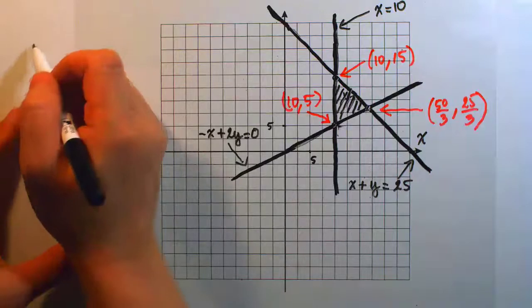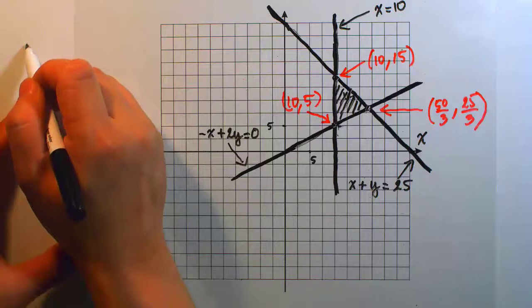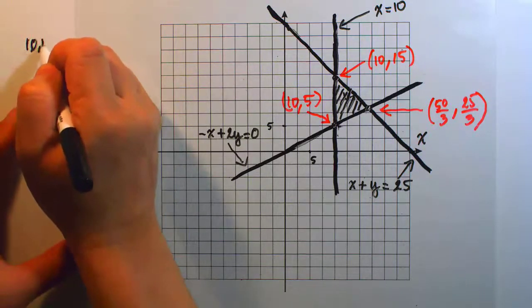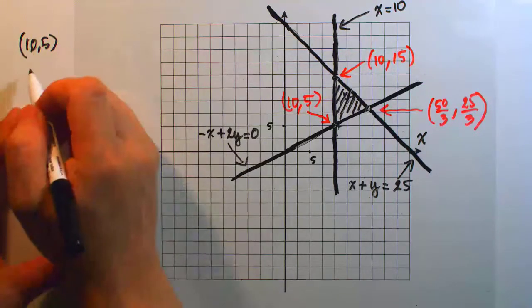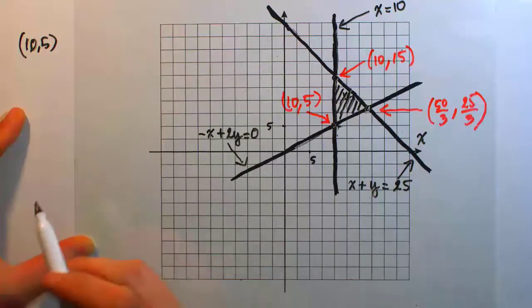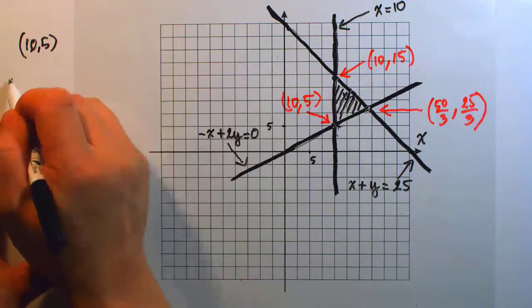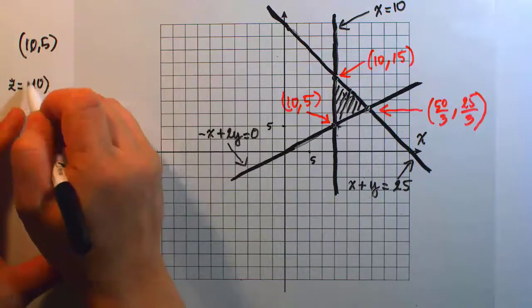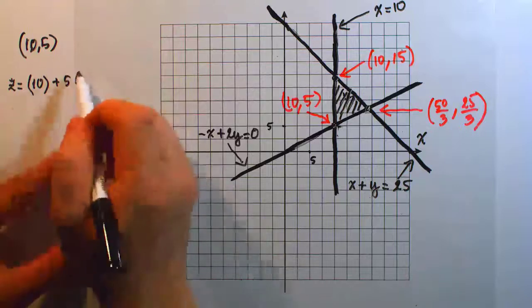So, in searching, what I mean is, I'm going to start out with the pair 10 and 5. With this pair of values in my function, x plus 5y, our z value correspondingly comes out to be 10 for x plus 5 times 5 for y.